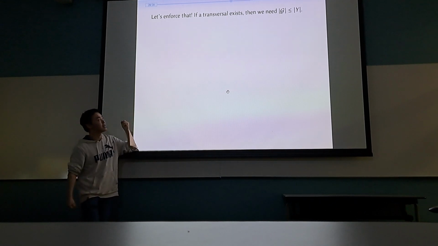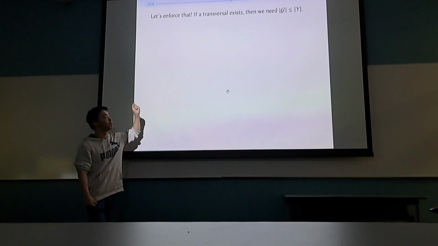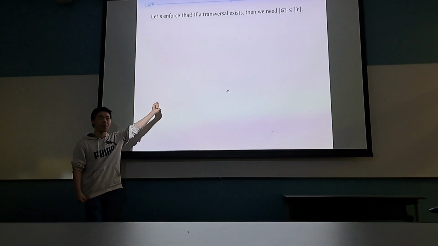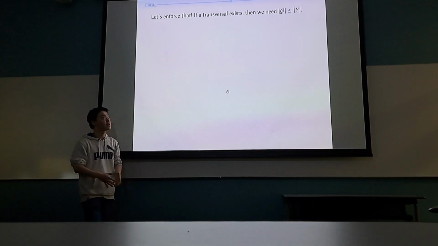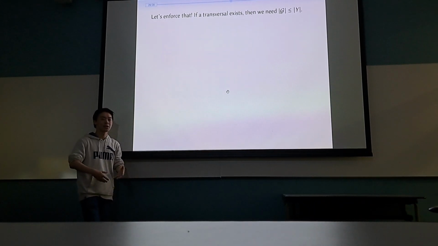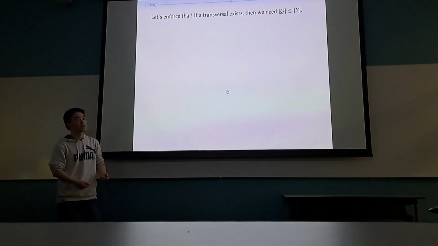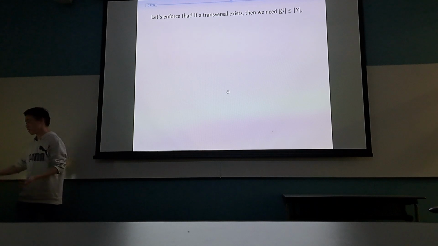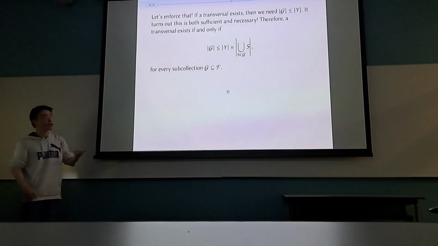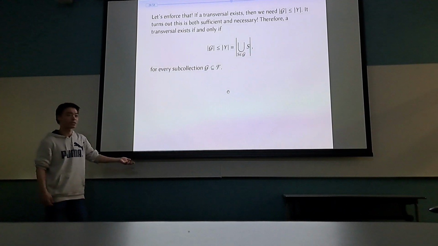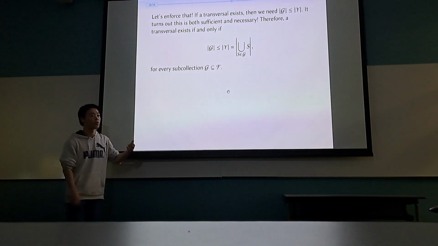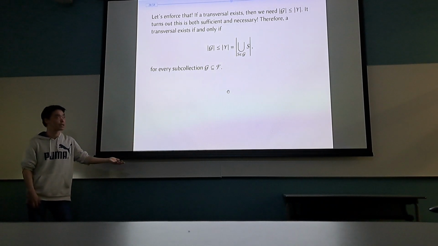So I need the size of my family, the number of sets in my subfamily, to be at most the number of elements that I can actually choose. That seems like a pretty good restriction. Let's have a look. It turns out that this is actually a sufficient and necessary condition for a transversal to exist in the first place.